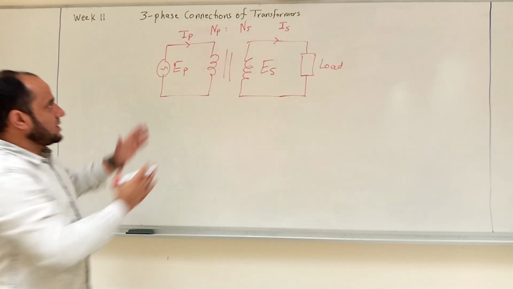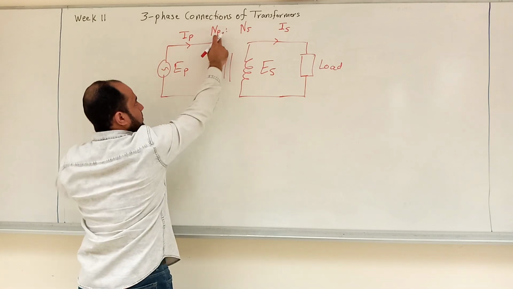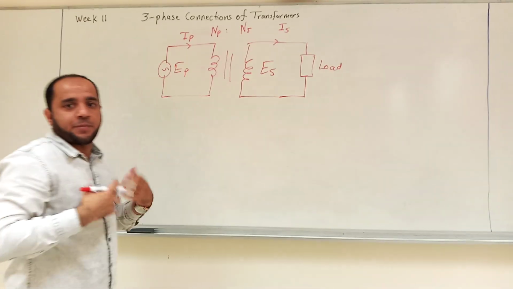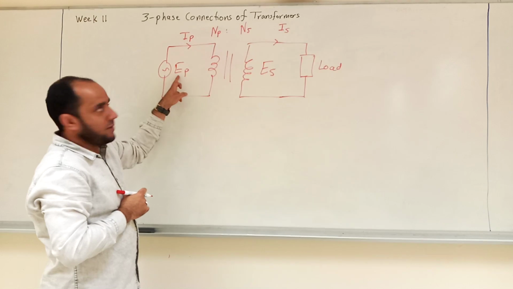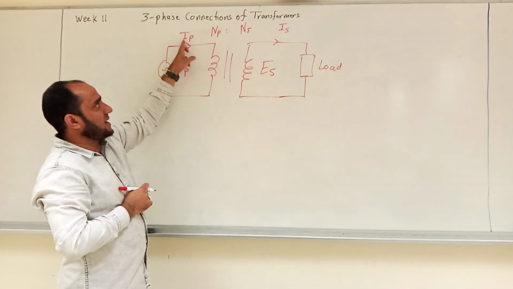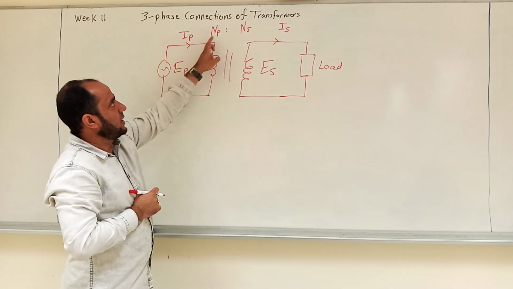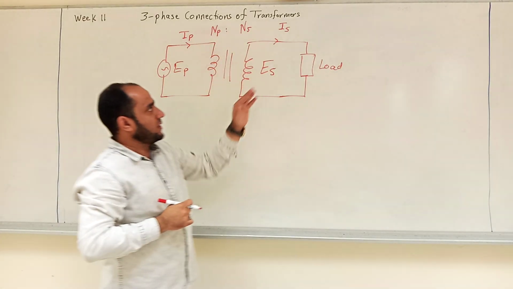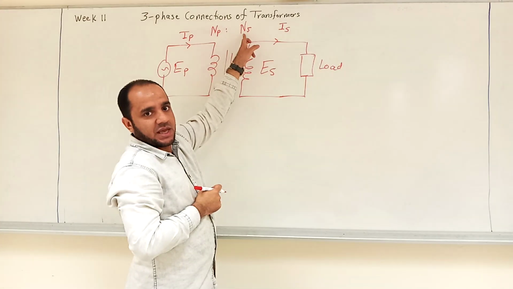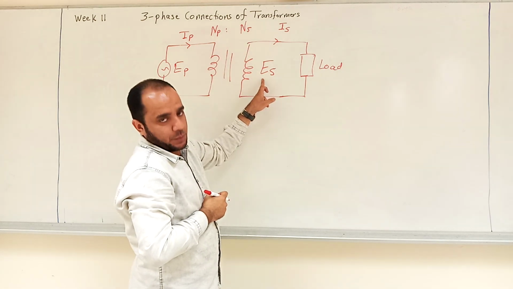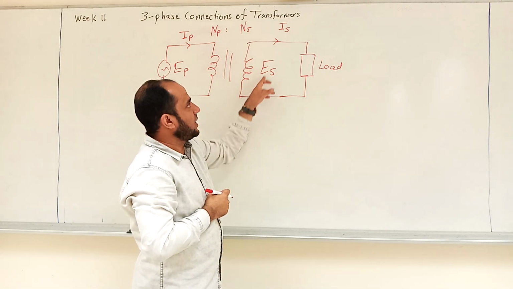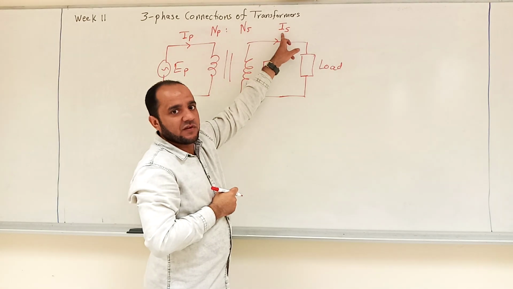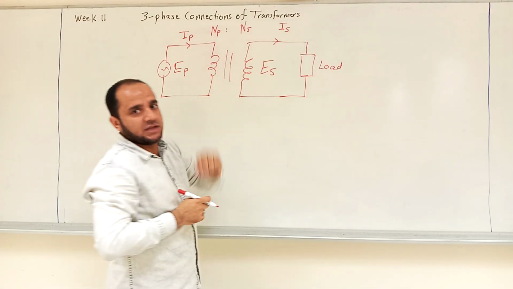So note that in the primary side, we use P standing for primary. This is the voltage in the primary side. This is the current passing through the coil of the primary side, and that's the number of turns N of the primary side. In this side, that's the number of turns in the secondary side. That's the voltage output of the secondary side, and that's the current flowing in the secondary side of a transformer.